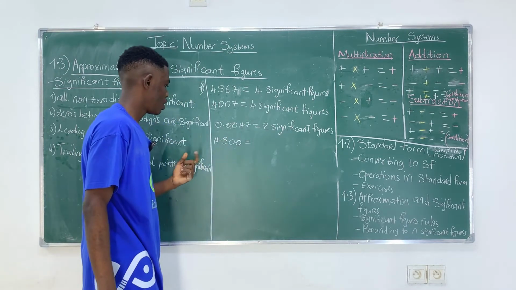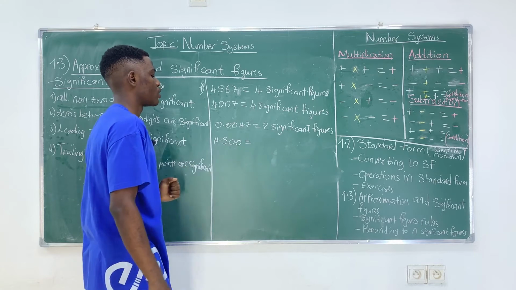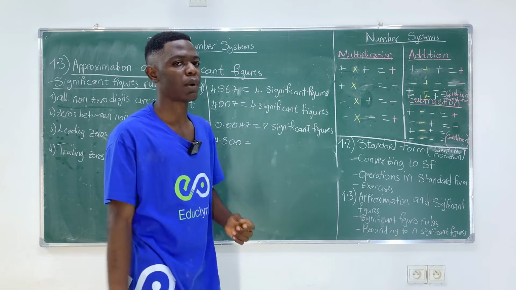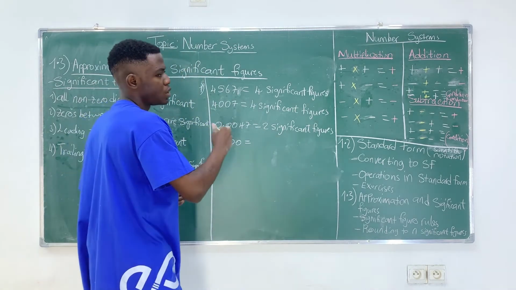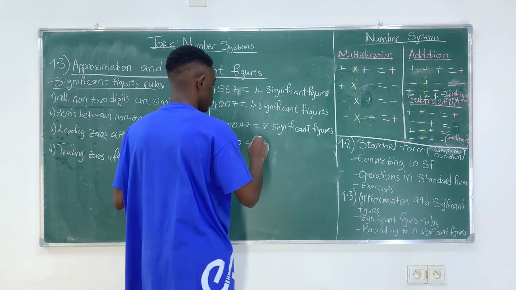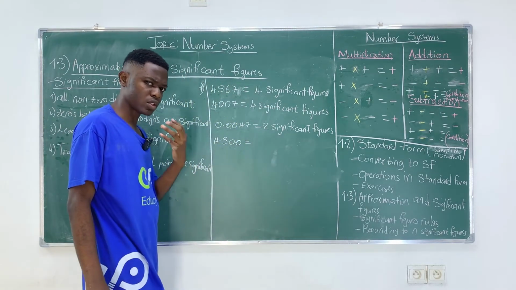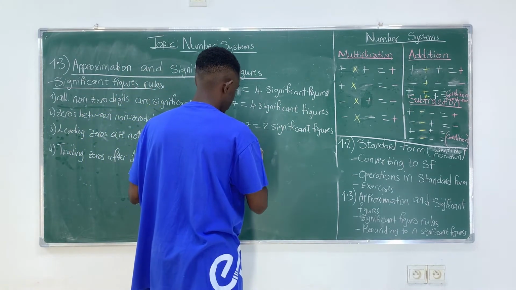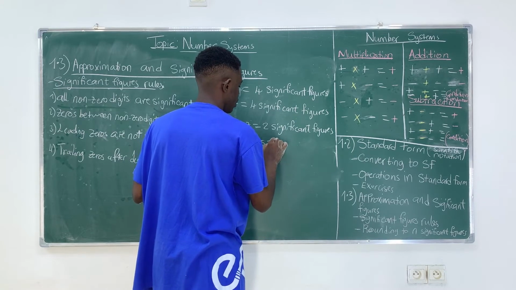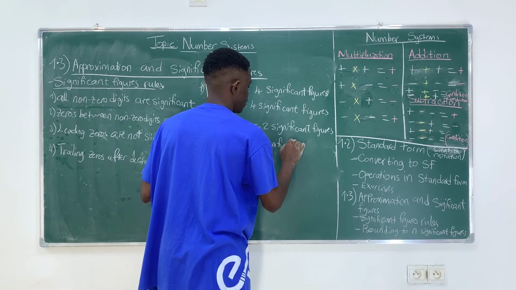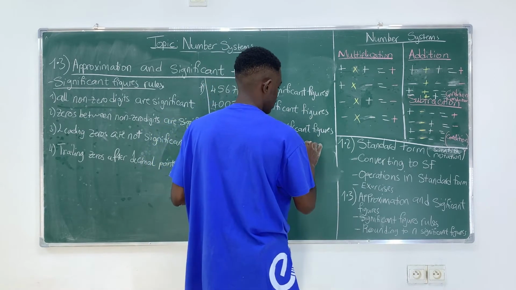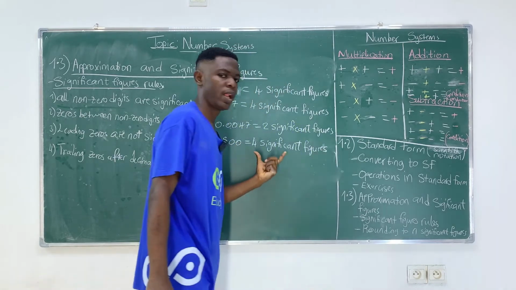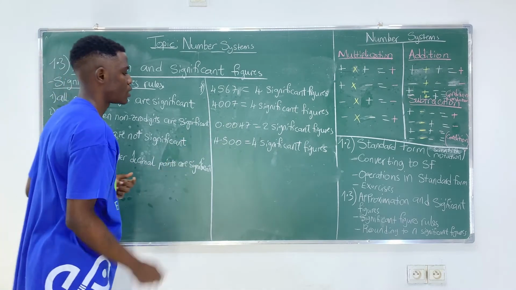Why? Because these zeros are also counted as significant figures because there are zeros at the end of a decimal. So they are significant figures. Why are they significant figures? Because they show the precision of the number. It has 4 significant figures.